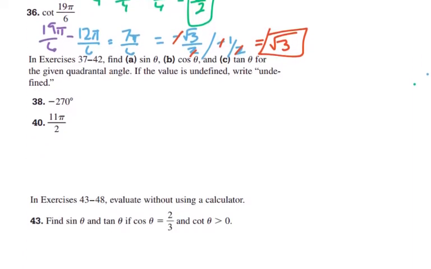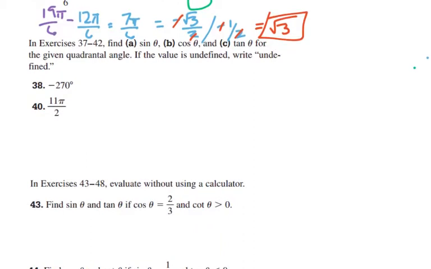And moving on, in 38 and 40, we're going to identify the sine, cosine, and tangent for the given quadrantal angle. And so remember that that is the one that is on an axis versus one of the angle identities. So negative 270, very weird moment because it's negative, means that we're not down here because that's positive 270.